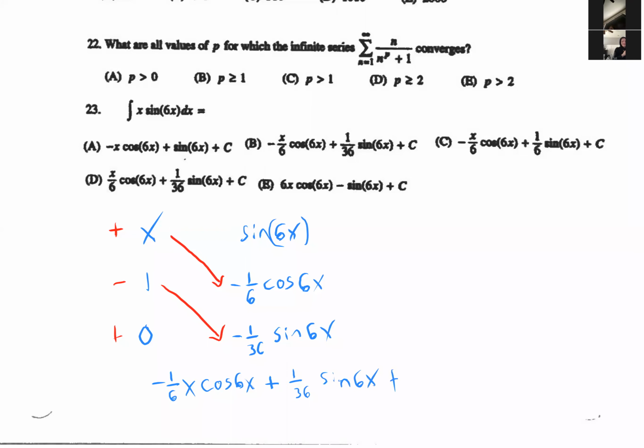Thank you. When will that not work? It wouldn't work if this x didn't differentiate down to 0. So it works usually when it's either algebra times trig, or algebra times e to the x, which would be exponential.